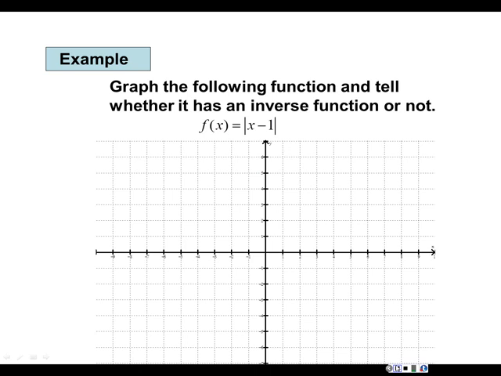In every single place wherever the graph exists, there will be 2 intersections, because the graph looks like a V. The point will be here, so it will look like this V, right? If you draw horizontal lines, it will always intersect the V at 2 points. So this is not a one-to-one function, and it does not have an inverse.